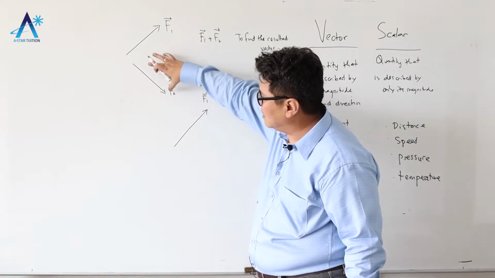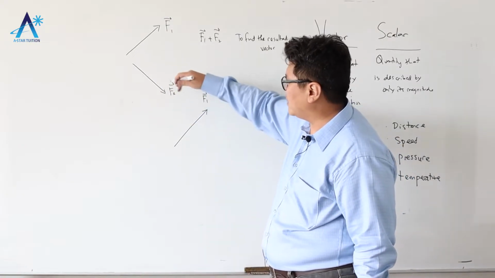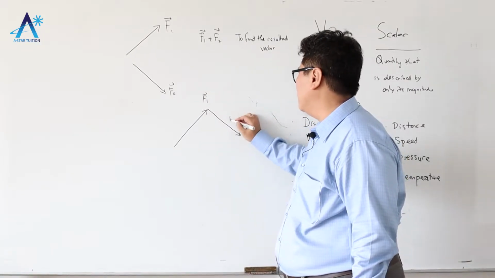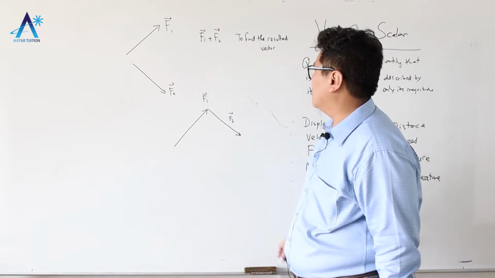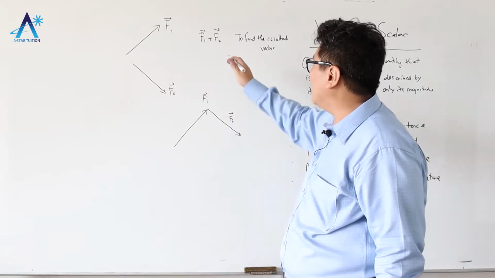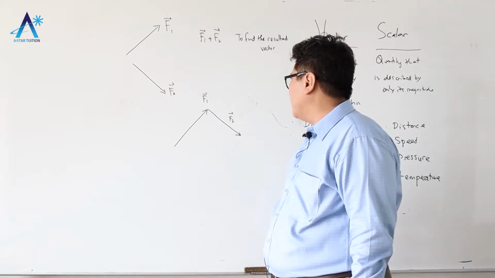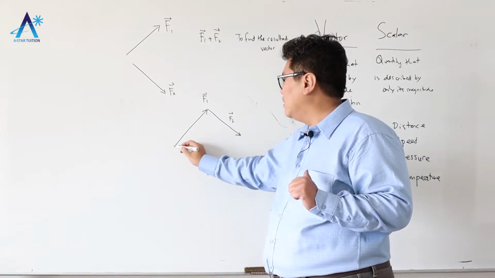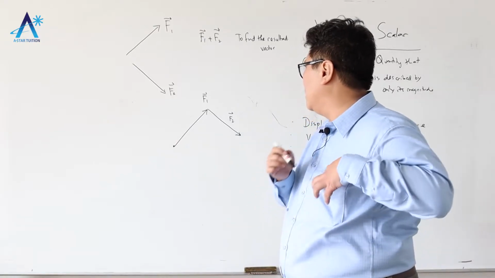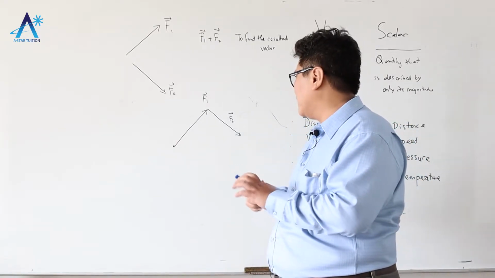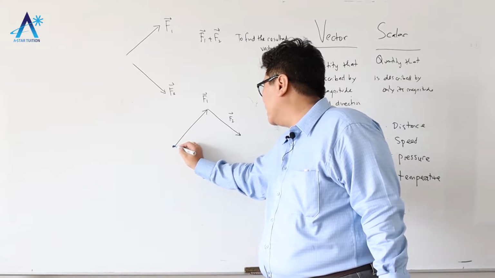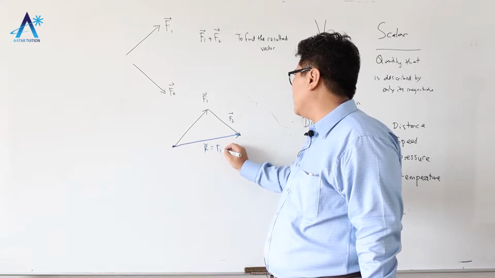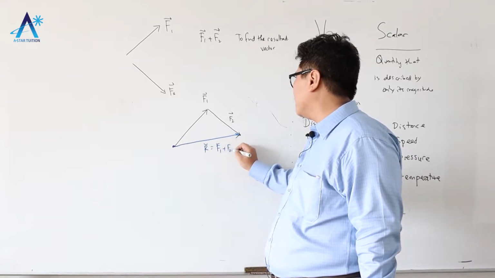Make sure that the length doesn't change, and the direction also doesn't change, like that. F2. So the resultant of F1 plus F2 is obtained by drawing a straight line starting from the tail of the first vector to the tip of the last vector. So this is the resultant, which is F1 plus F2.